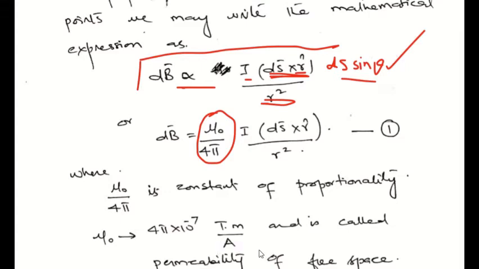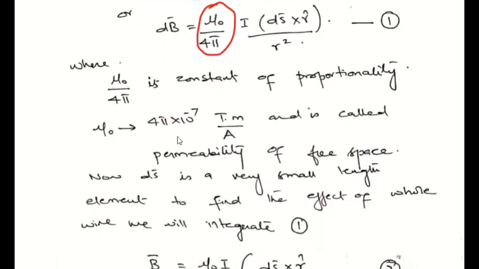And as I said before, it's the permeability of free space. So we have used this constant to remove this proportionality sign over here.